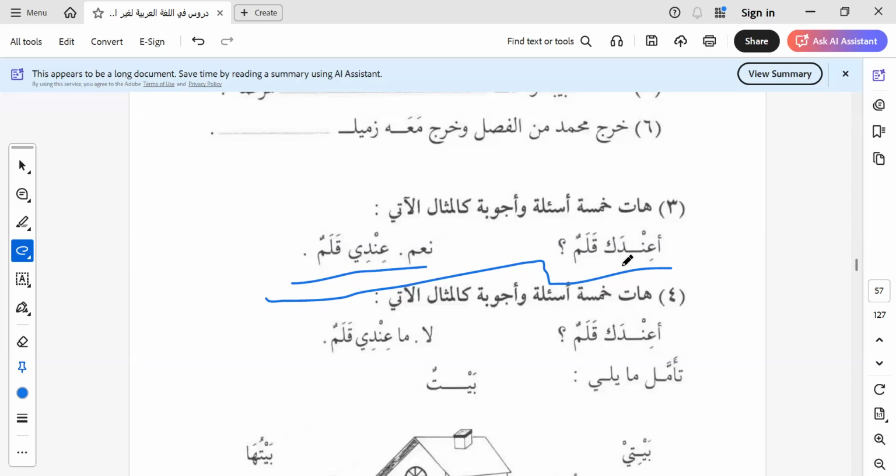عندك كتاب؟ Is it kitabu or kitabun? كتاب. Okay. نعم عندي كتاب. Yes.